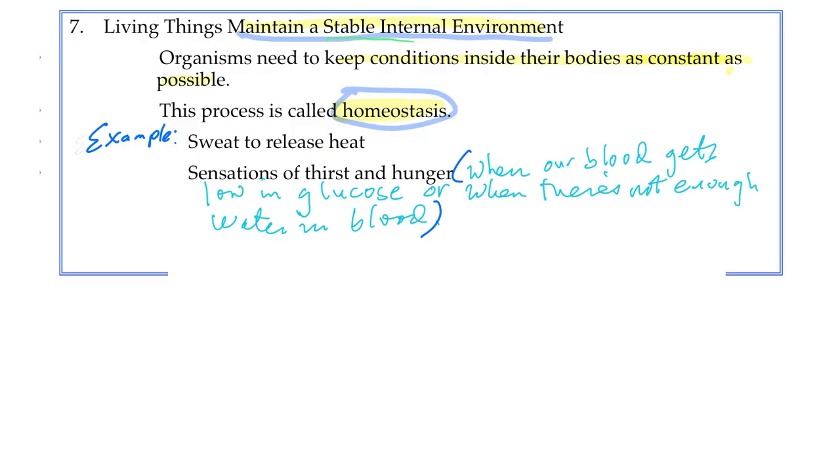Same thing with blood sugar. If we get hungry, hormones are given off to break down stored fat and glycogen, which is a stored starch in our cells, to make sugar in between meals.